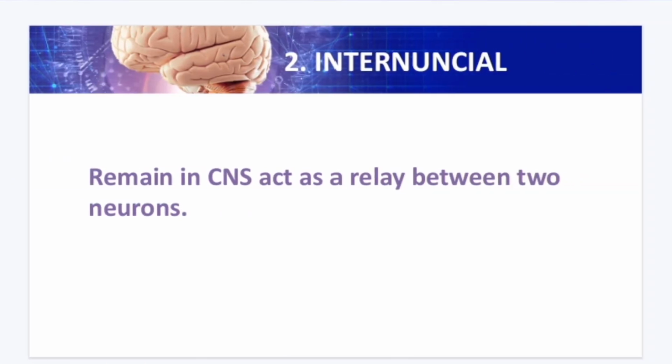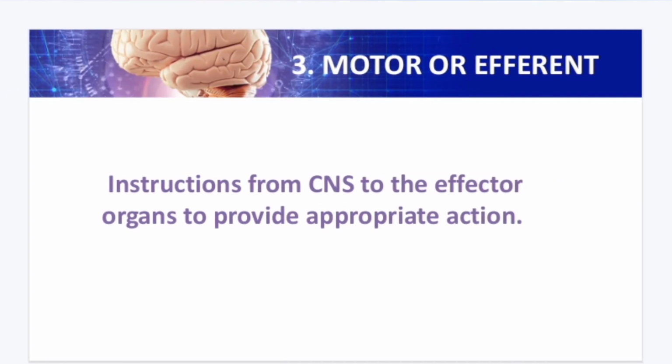So coming to the interneurons, these are the neurons that form a point of contact or a relay between the two neurons, sensory neurons and motor neurons. In case of motor neurons, they carry instructions from the CNS to the effector organs to provide appropriate action.